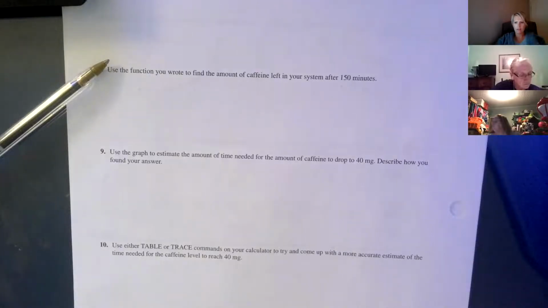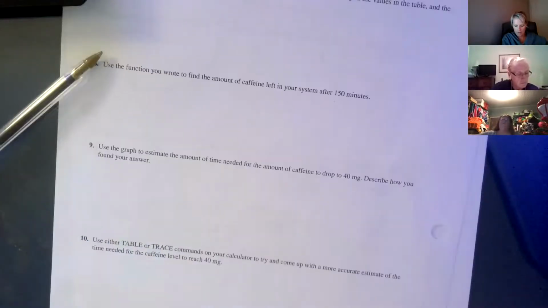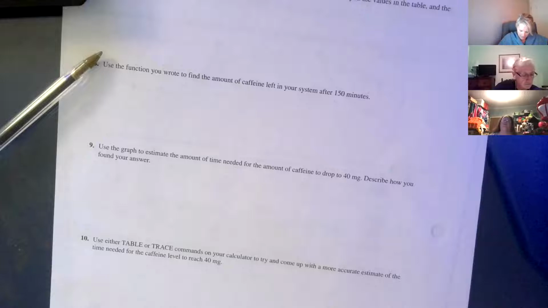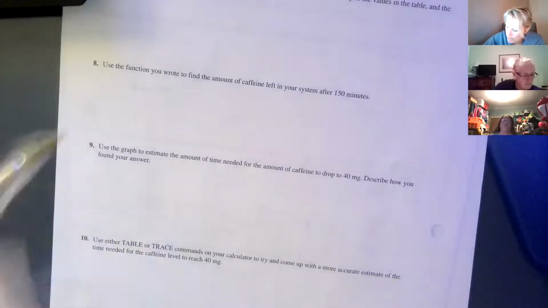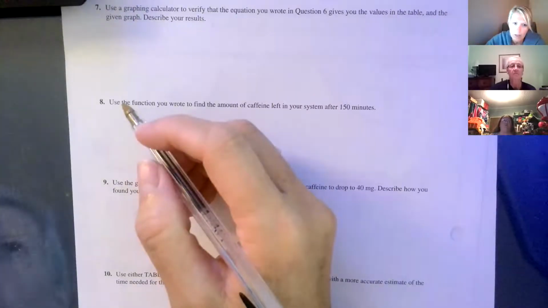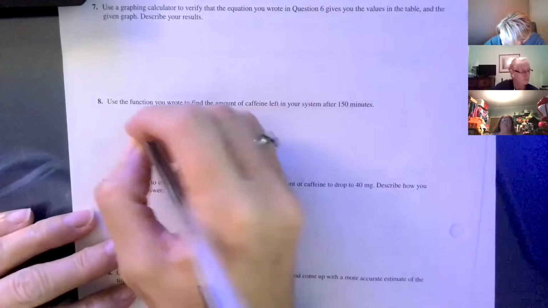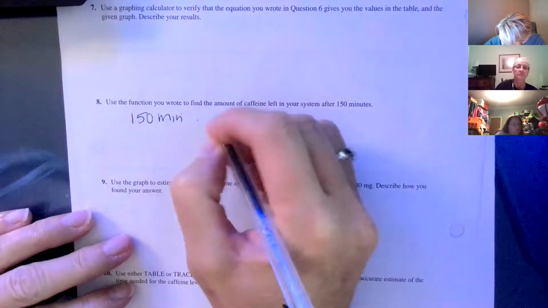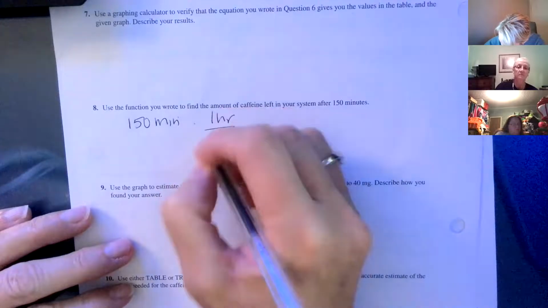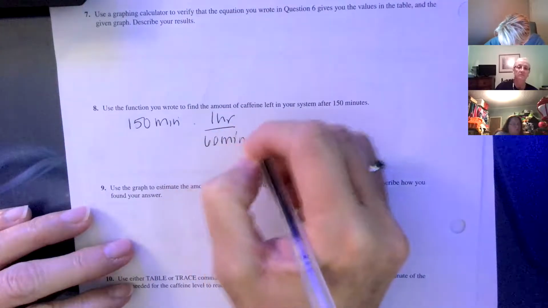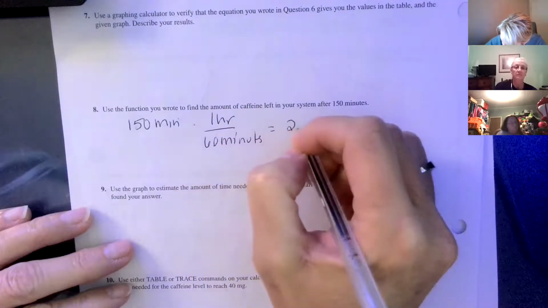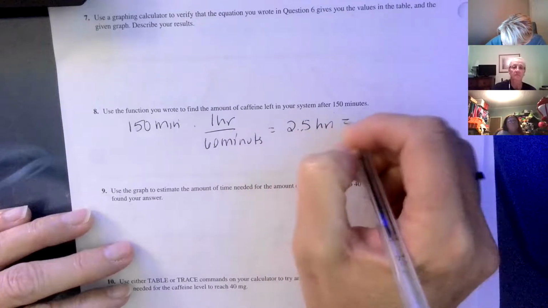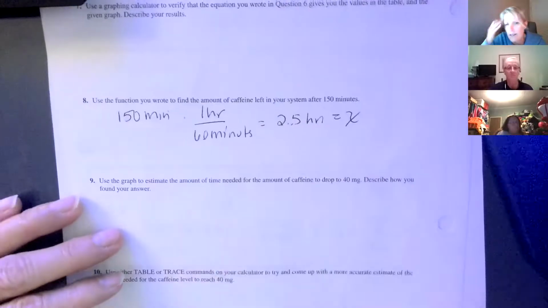So that's 2 hours, 30 minutes, so 2.5 hours. We would take 150 minutes and multiply by 1 hour over 60 minutes to find out that that is 2.5 hours.